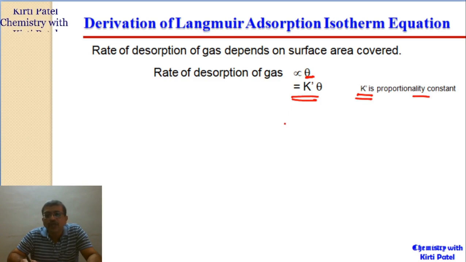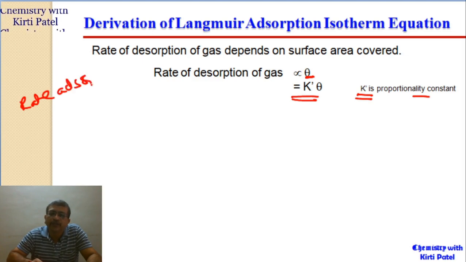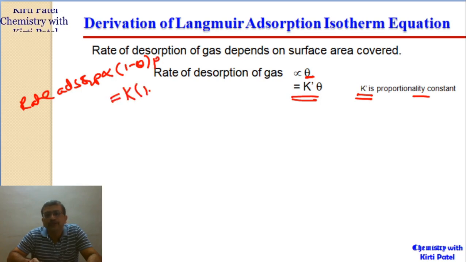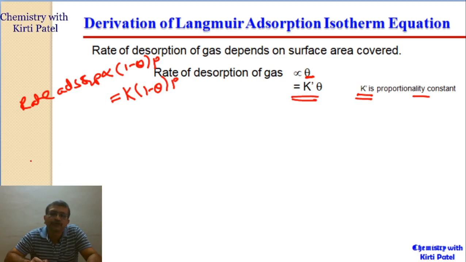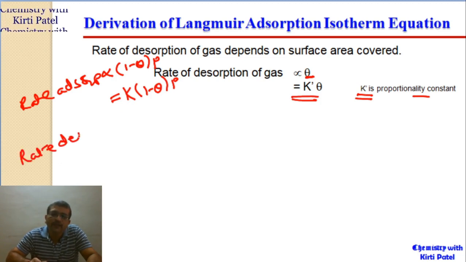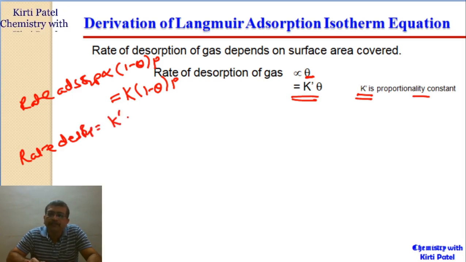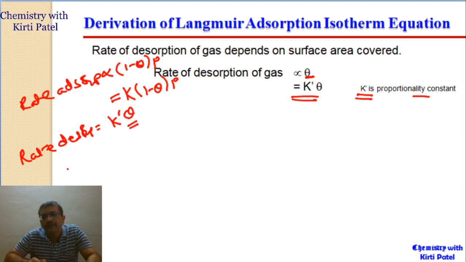constant. So now we have two equations. One is the rate of adsorption, which is proportional to 1 minus theta into P, or is equal to K into 1 minus theta into P. And the second equation we have is the rate of desorption, which is equal to K dash into theta, where theta is the area which is covered already by adsorption.